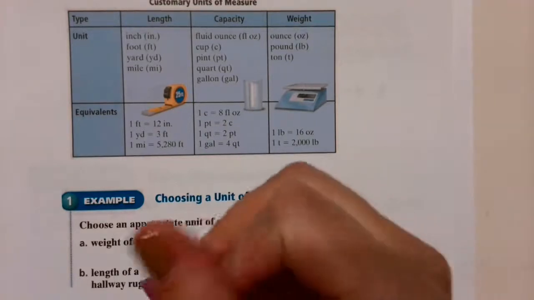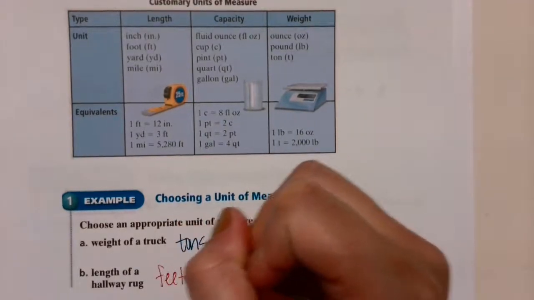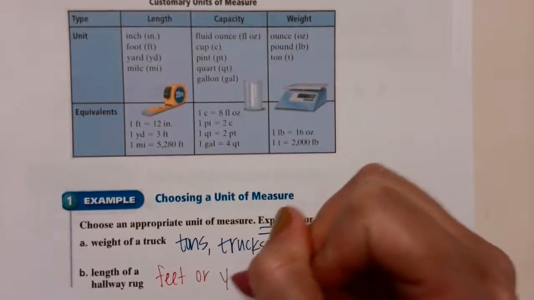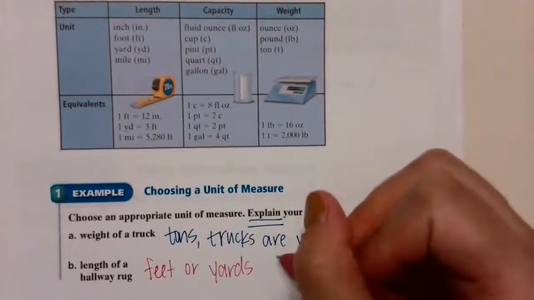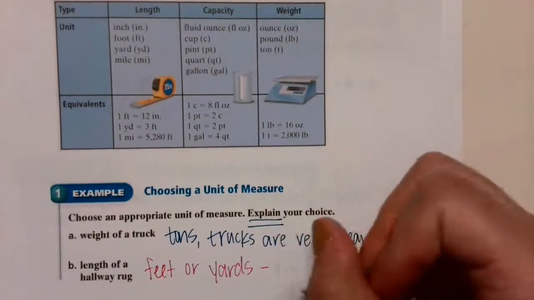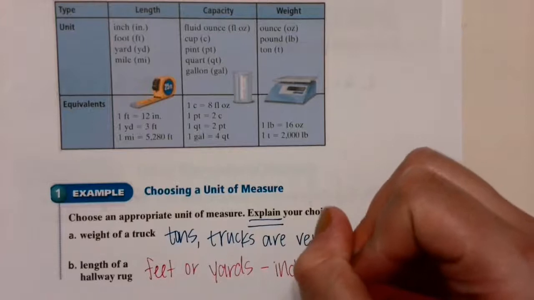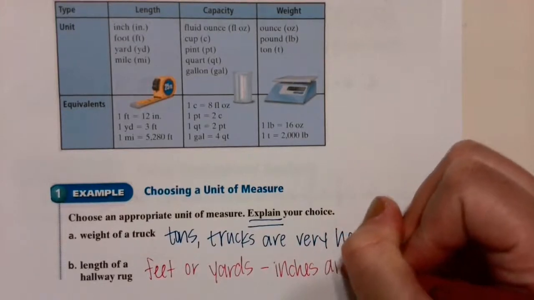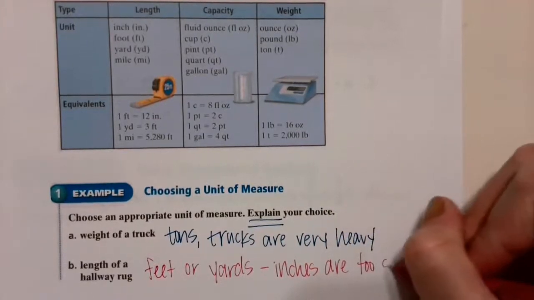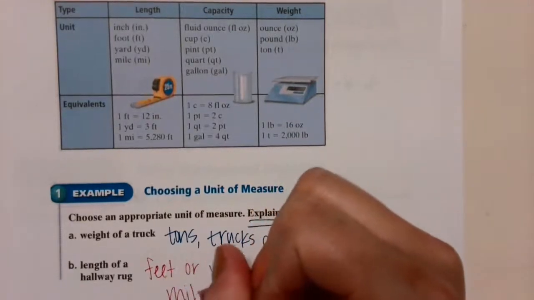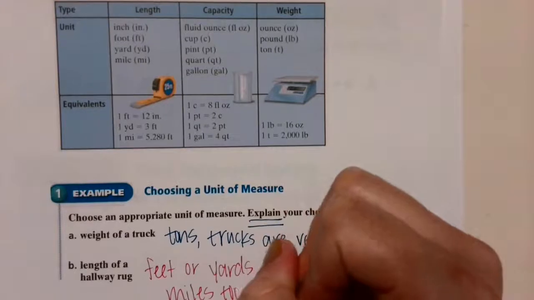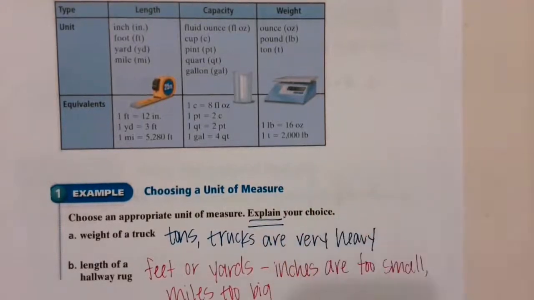So we'll go with feet or yards. It depends on how long your hallway is in your house. And I'm just going to say inches are too small and miles too big or too long.